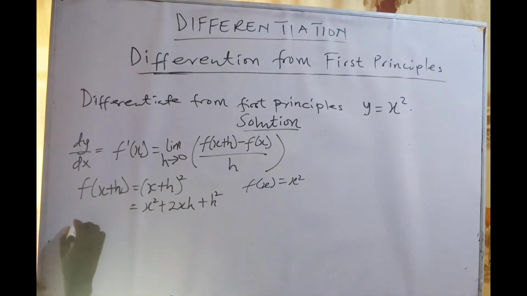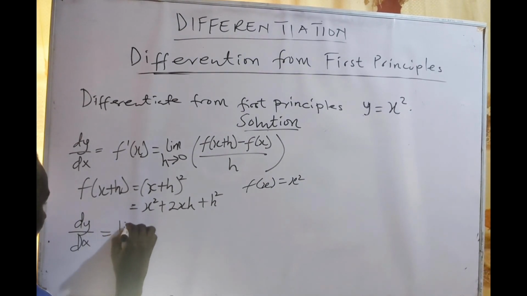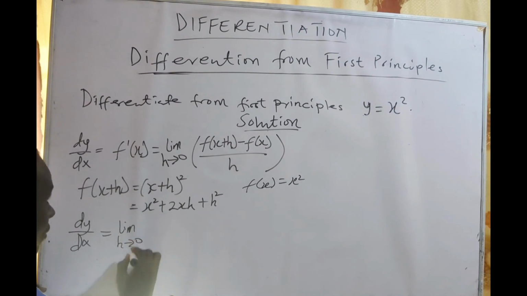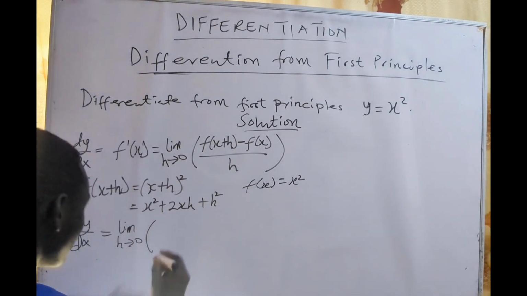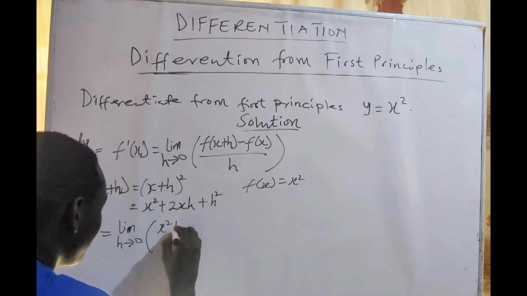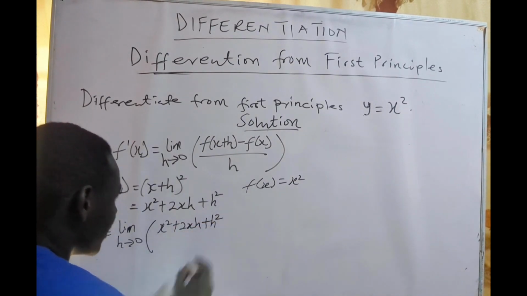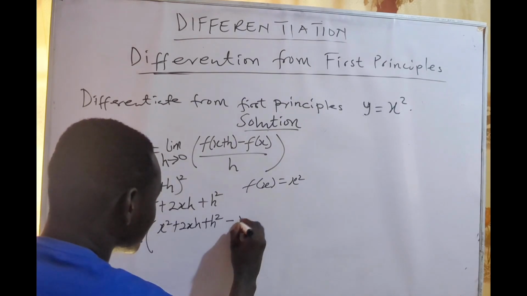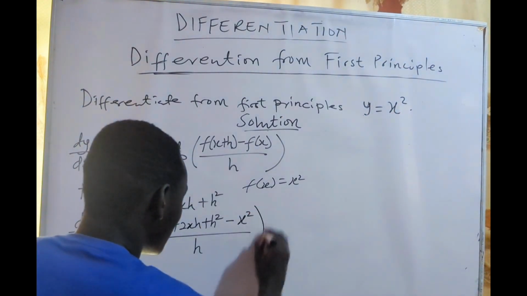So now dy dx is equal to the limit as h approaches 0 of x squared plus 2xh plus h squared, minus our f of x, which is x squared, all over h.